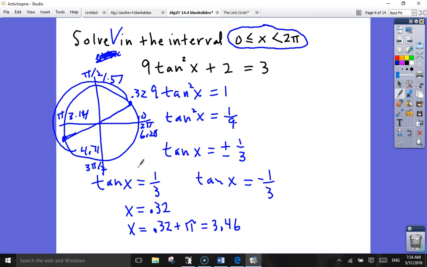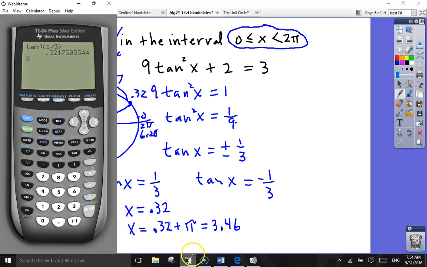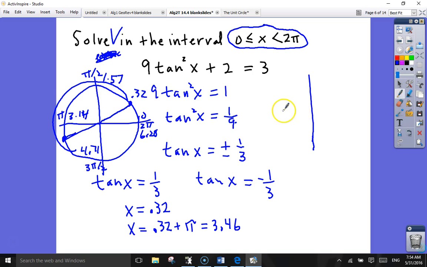Now we got to repeat the process with tan x equals negative 1/3, right? So second, tan inverse, negative 1 divided by 3. Negative 0.32. That makes sense. So again, negative 0.32 would be in which quadrant? What does the negative tell you to do?